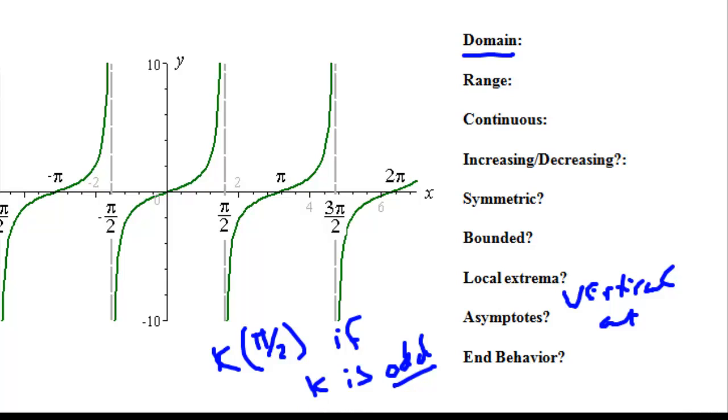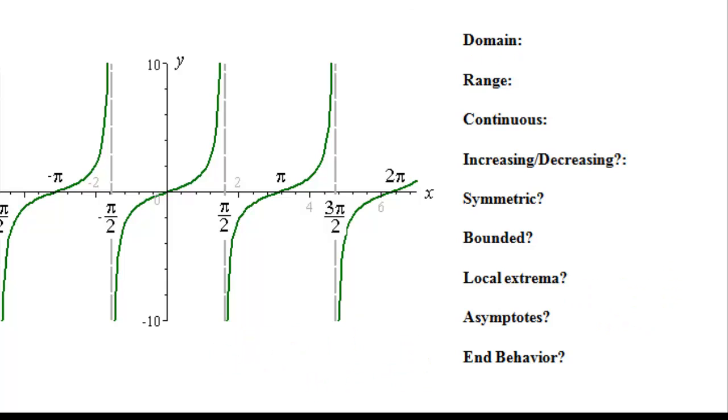And the end behavior is looking at what happens to the y as x goes towards infinity or negative infinity. If we look at each section here, as x is getting bigger, y is getting bigger to a certain point, and then it's going to jump.